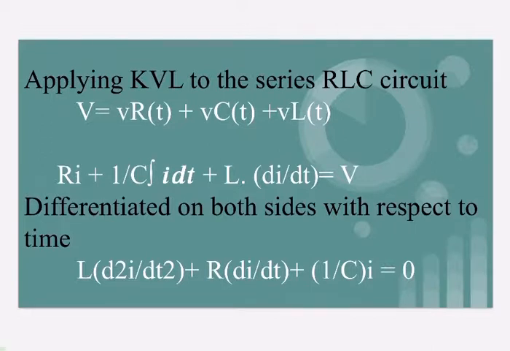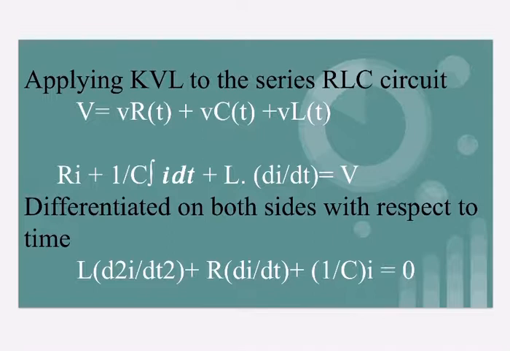By representing the voltages in terms of current I in the circuit, we get the following differential equation: Ri plus 1 by C integral i dt plus L into di by dt is equal to V. To convert it into a differential equation, it is differentiated on both sides with respect to time, so that we get L d square i by dt square plus R di by dt plus 1 by C i equal to 0.